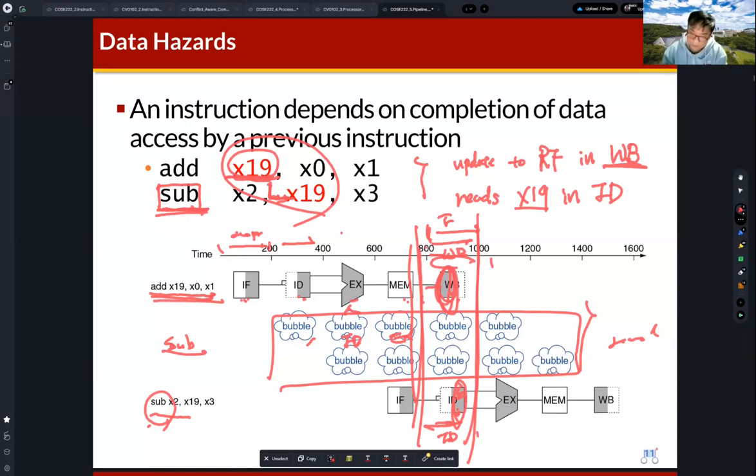So we need to match the write back stage of the add instruction and the ID stage of the sub instruction in the same time slot. So the sub instruction cannot be executed for 2 cycles. Those 2 cycles are wasted. That's the problem. It's a data hazard.